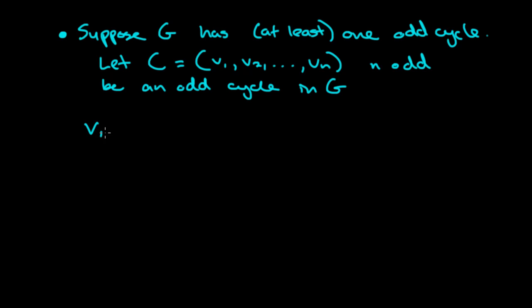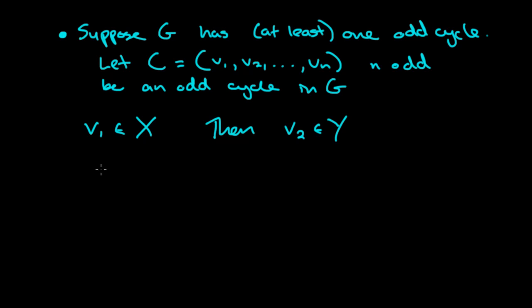We're going to let v1 be part of the set X, and then v2 will have to be part of the partite set Y, because there is an edge v1 v2, so if v1 is in X, then v2 has to be in Y. Now it's arbitrary that I said v1 could be in X. You could also have said v1 in Y and run the exact same argument.